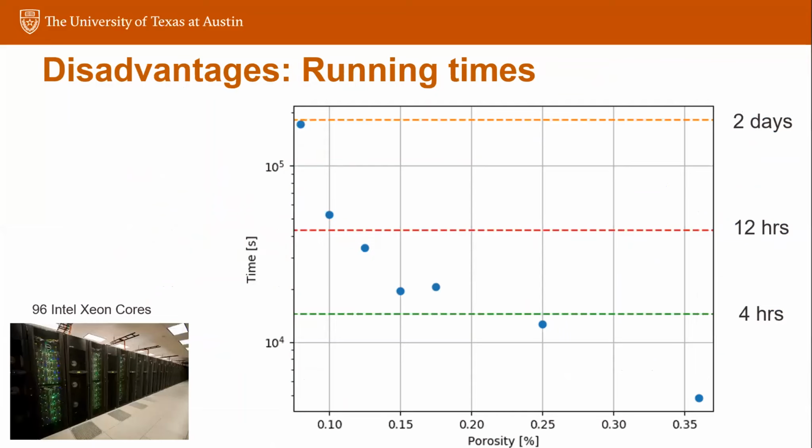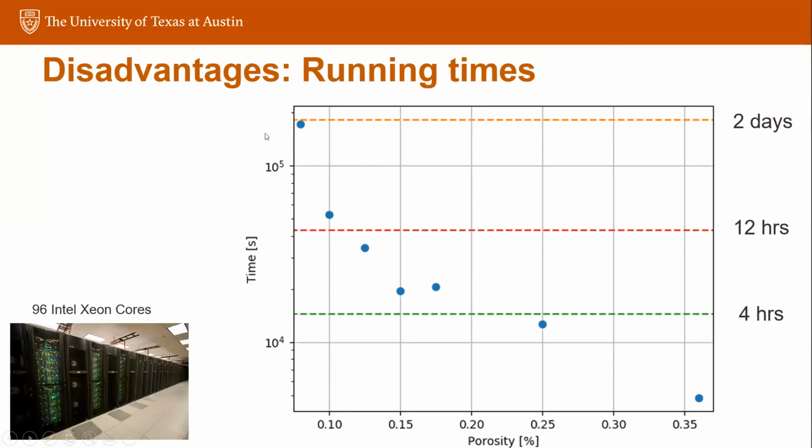The main issue with this method is that it requires a huge amount of resources. In this plot, I'm showing you some of the simulations that we ran for this project. And we can see that, for example, for a sphere pack that has a porosity of 35%, we reach convergence in no time. It basically takes a few minutes.